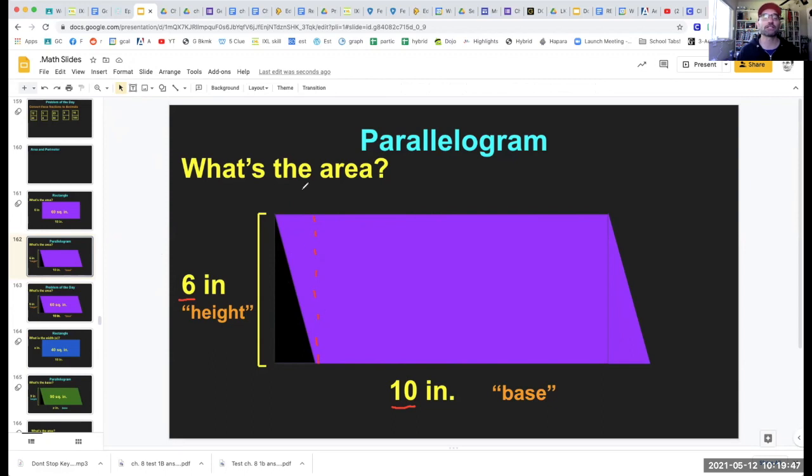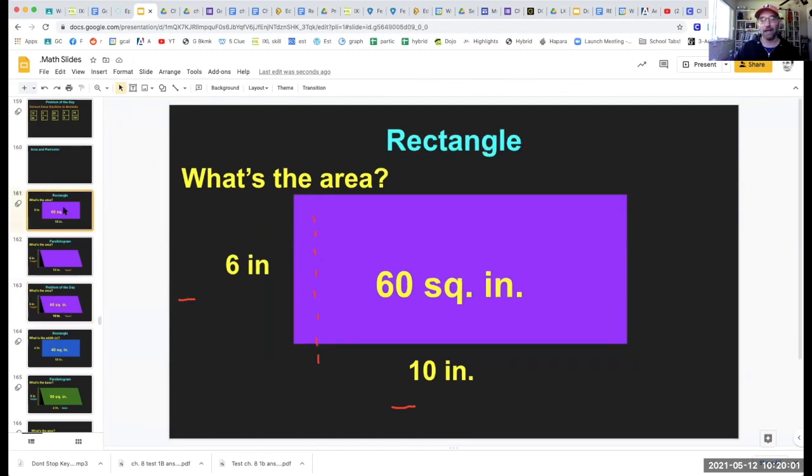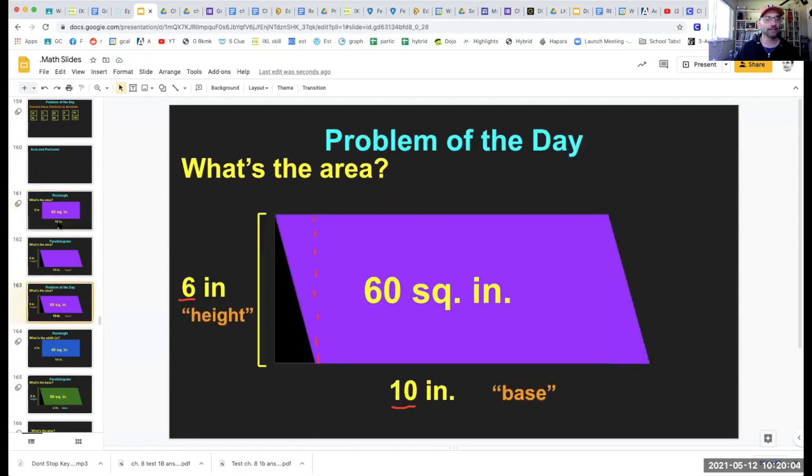So height is always straight up and down times the base. So it's still going to be 6 times 10, which is 60 square inches. It is the same area as this one and this one. They're exactly the same because they have the same base and the same height.